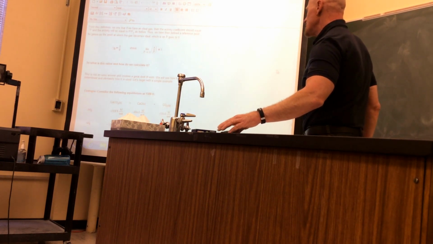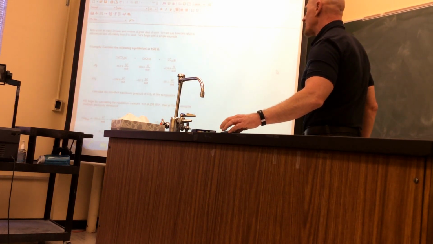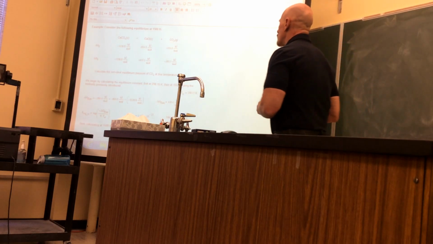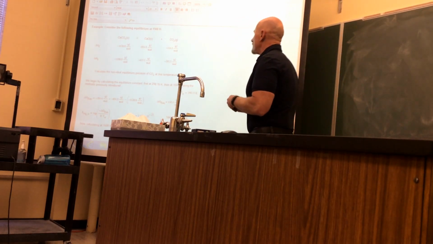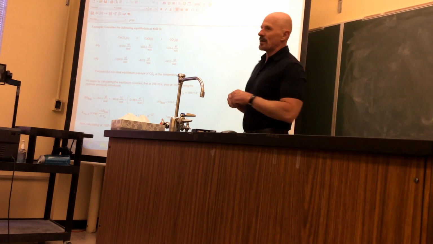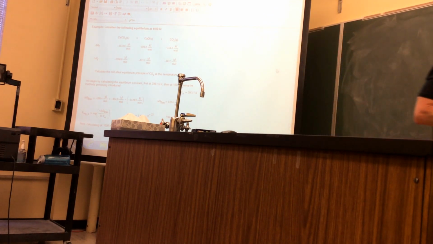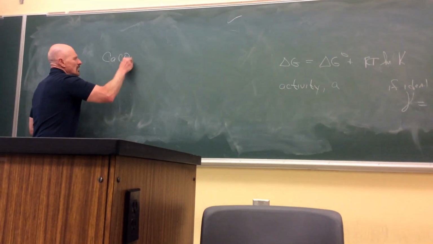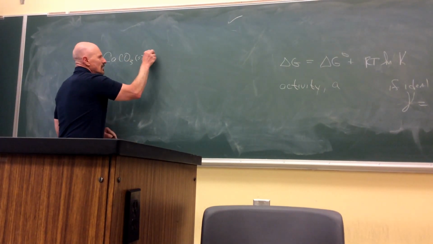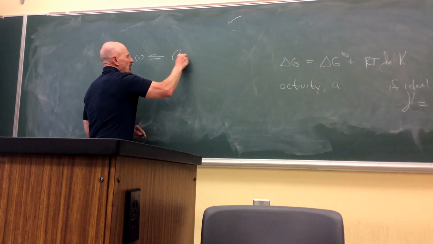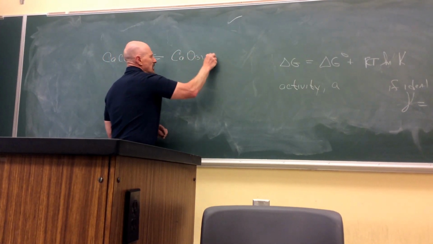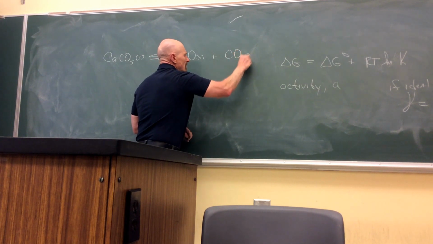So how do we calculate it? Well, here's an example of how this might work. So here I've got calcium carbonate going to calcium oxide and carbon dioxide gas. Let's see how we would solve an equilibrium system here. I picked this one for obvious reasons, because the calcium carbonate is a solid, and the calcium oxide is a solid, and the CO2 is a gas.